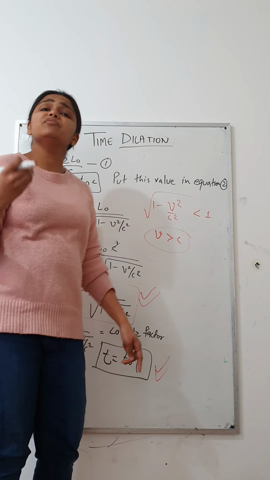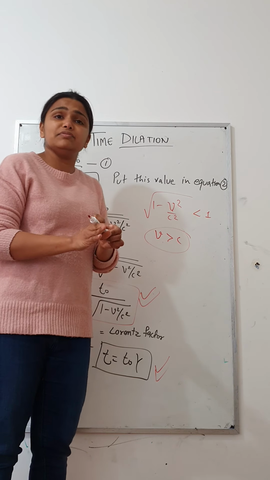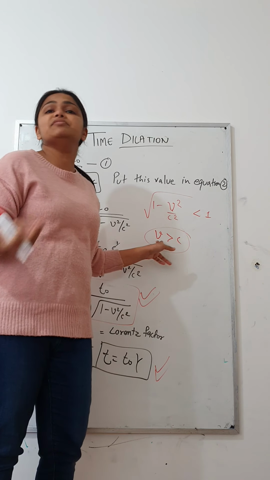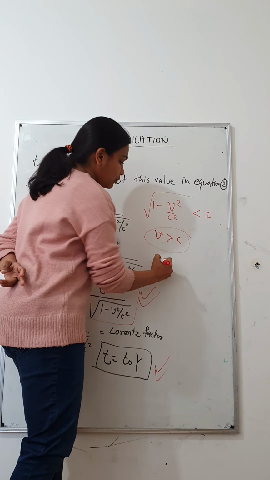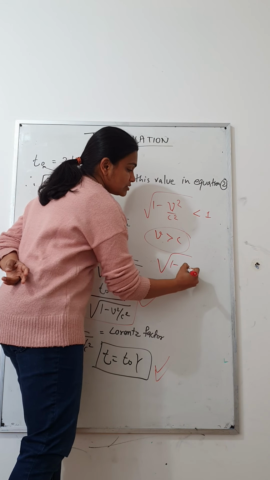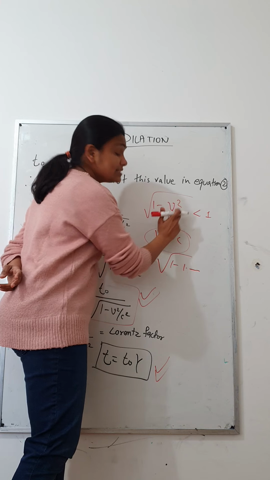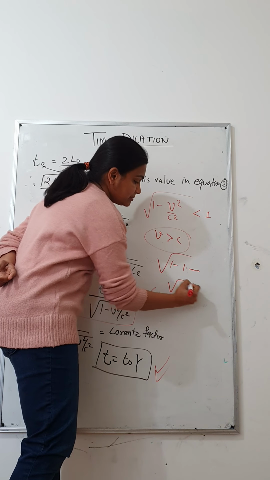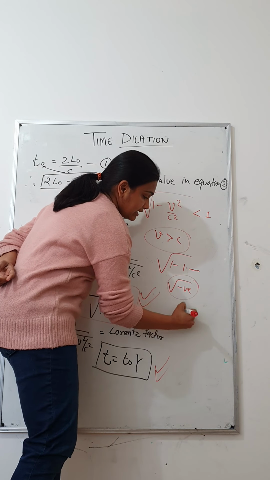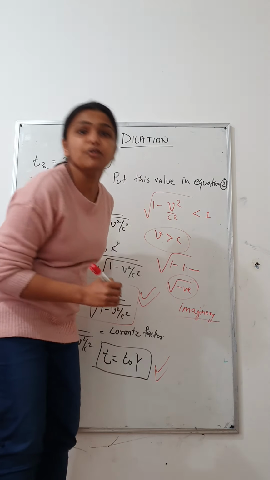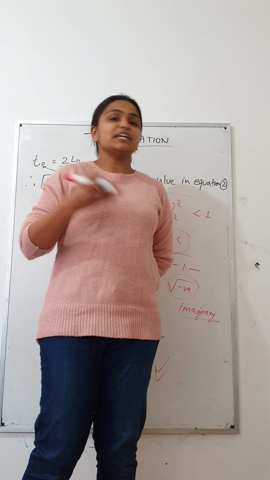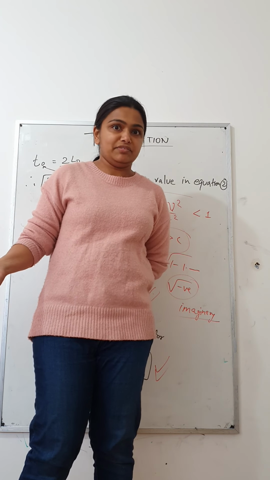The Lorentz factor gives us a very important thing in physics: can anything travel faster than light? Let's say v is greater than c. Then 1 minus 1 point something, because v is greater than c, will be the square root of a negative number. That will go into iota, or an imaginary number, which cannot be mathematically quantified.